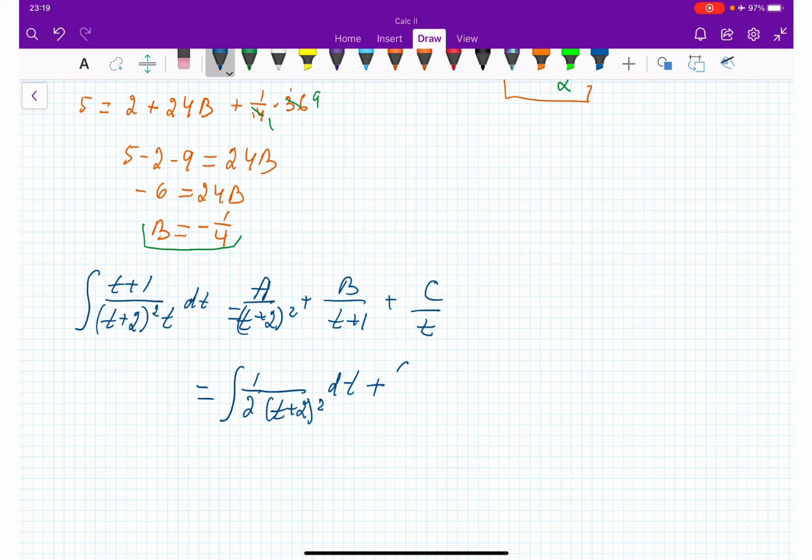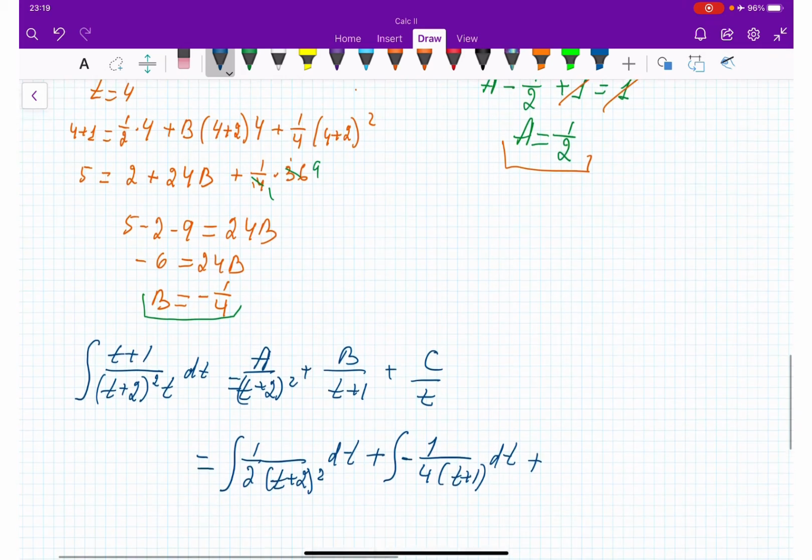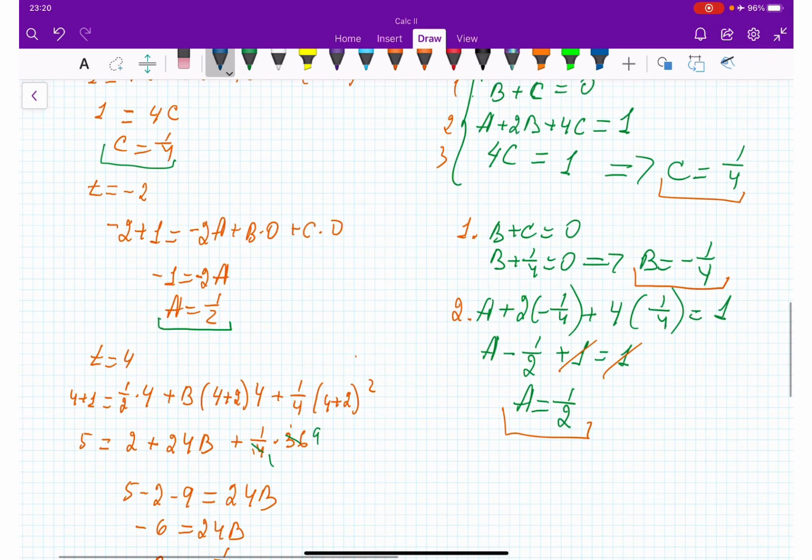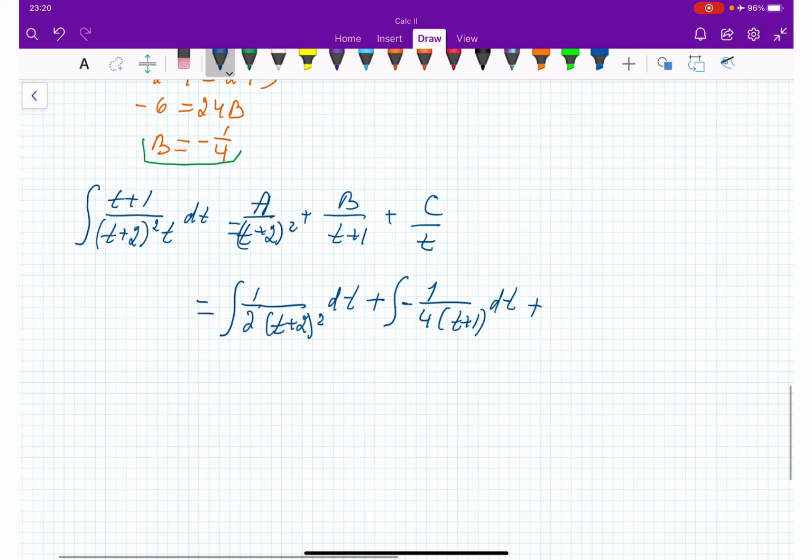Okay, let me write it down just like that: 1/4 over t plus 1 dt, and plus c is 1/4, so it's going to be the integral of 1/4 over t, dt. So what do we get from here?